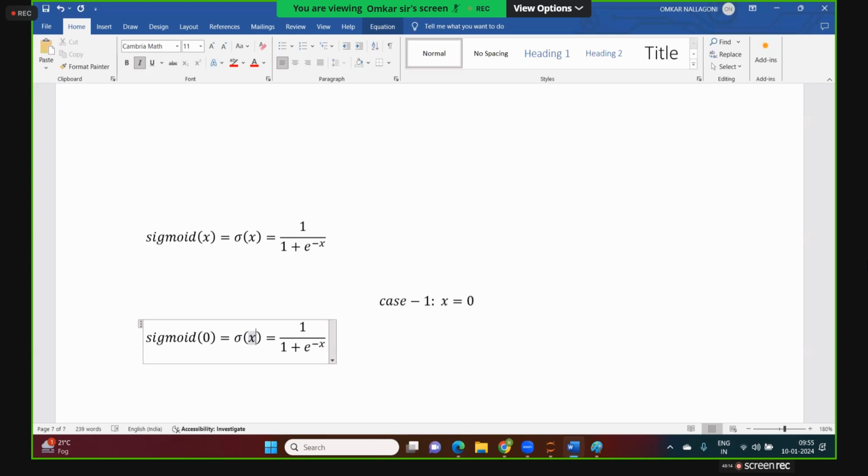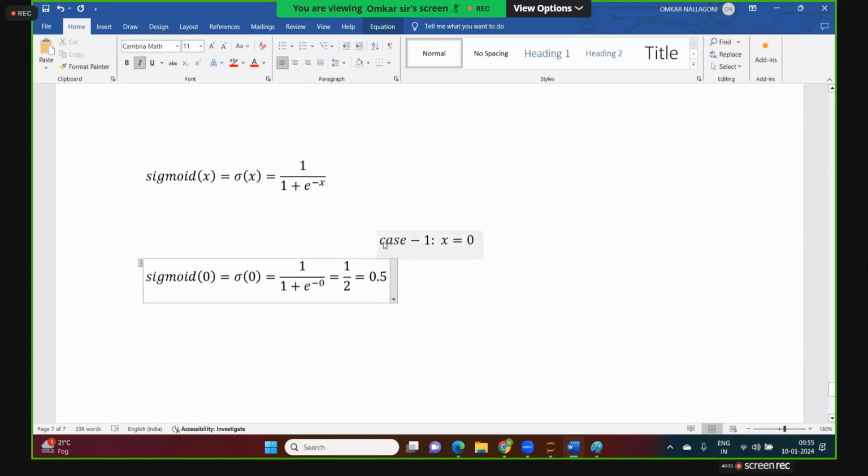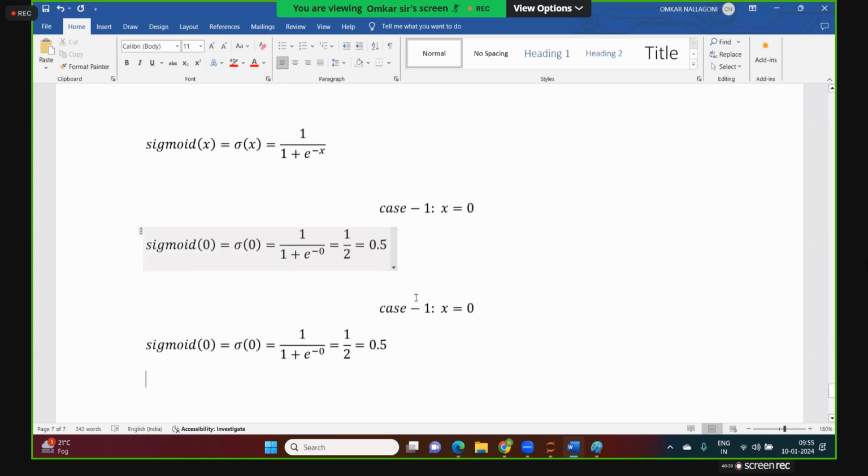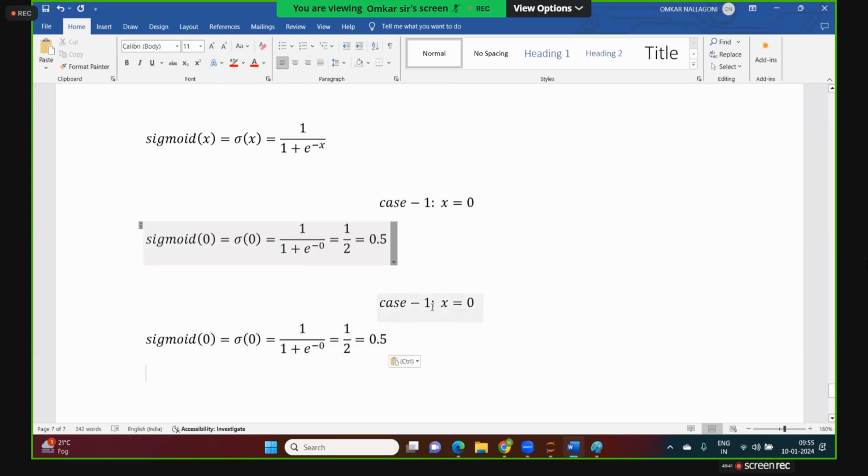That is equal to 1 by 2, that is equal to 0.5. Now case 2, x equal to minus infinity. E power minus infinity, how much? And case 3, plus infinity.